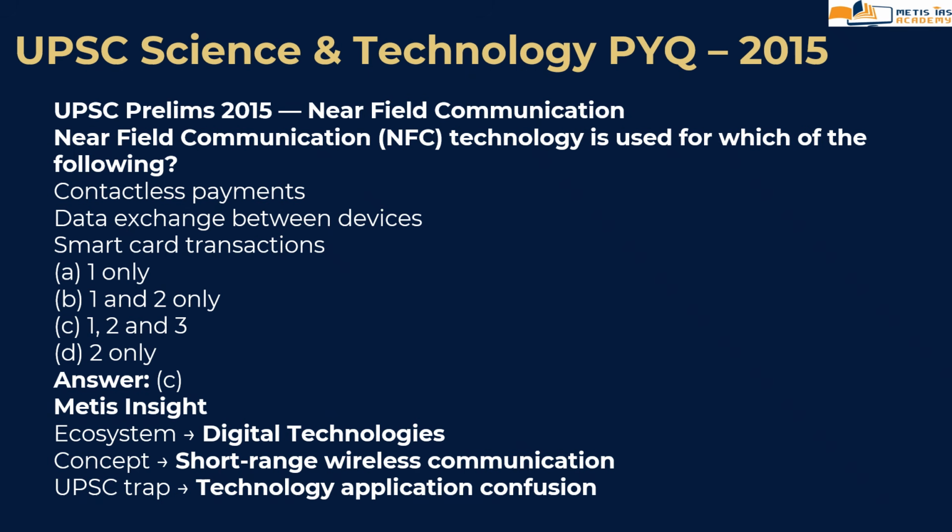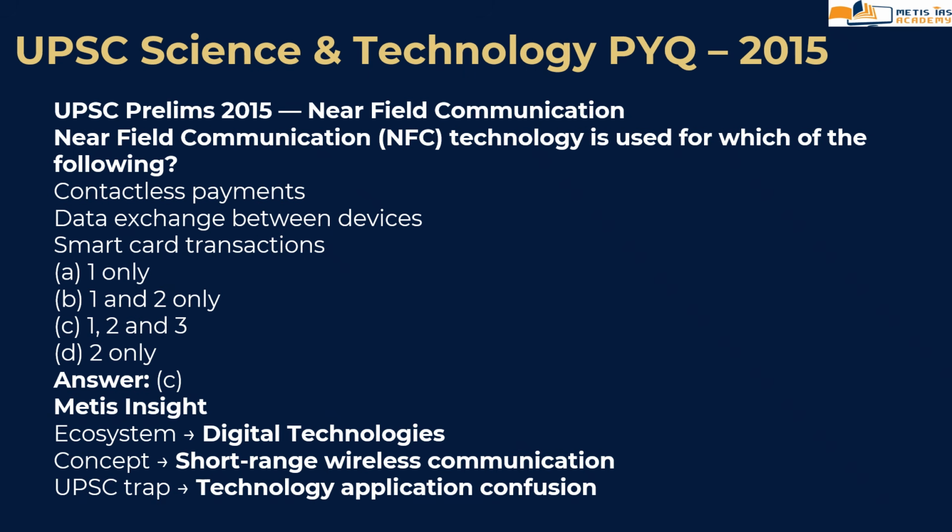All. So what is the insight? Ecosystem. What is the ecosystem in this? Digital technologies is the ecosystem of this particular question. What is the concept? Short range wireless communications. What is the trap? Actually, UPSC applied technology application confusion here.